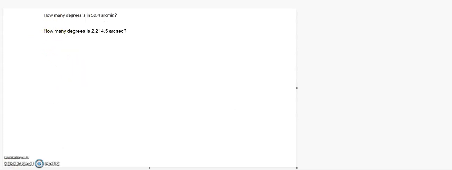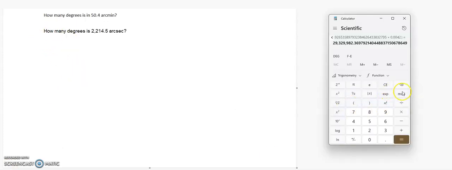All right, and here are our next 2 problems. How many degrees is in 50.4 arc minutes? Again, you just need the conversions. So I'll write them one more time.